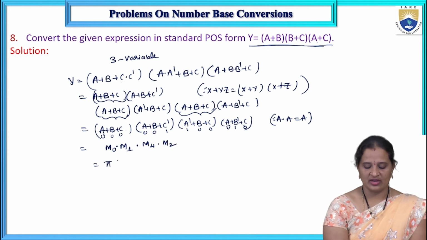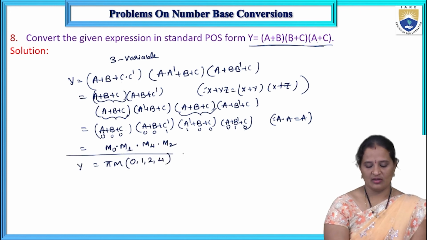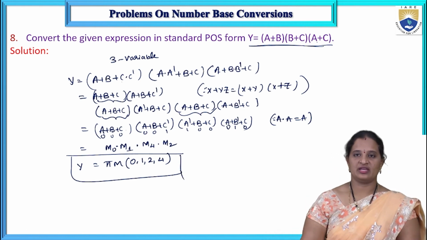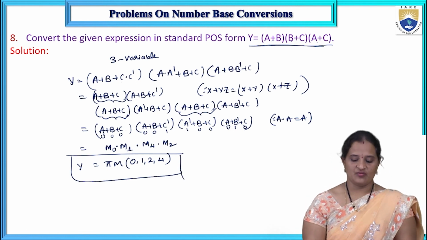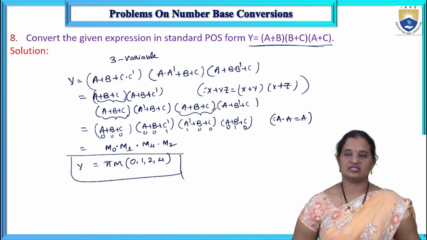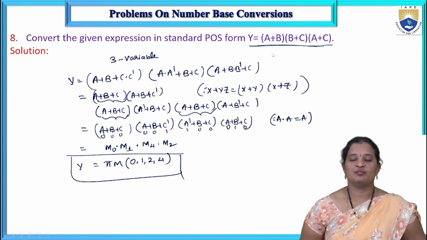So I can write this as pi capital M of 0, 1, 2, 4. So this is the canonical form, or standard form, of representing a Boolean expression in POS form. This is how we can convert a given Boolean expression into POS standard form, SOP and POS.